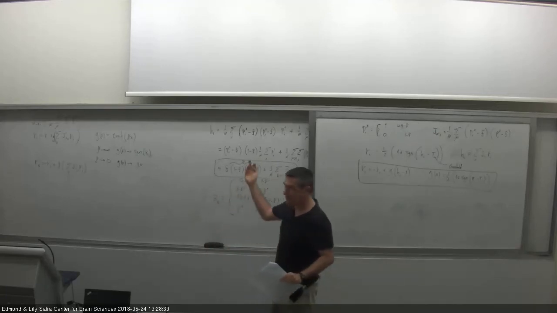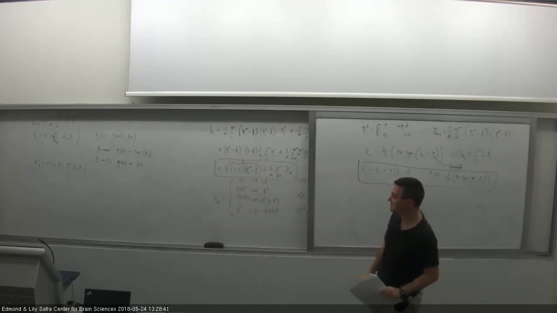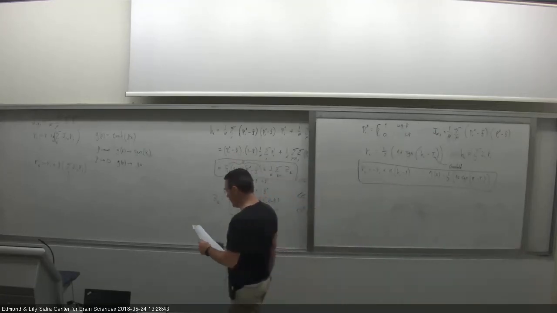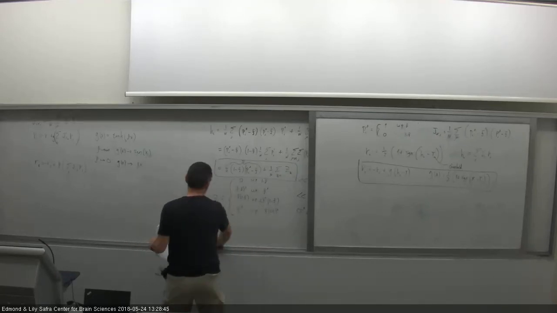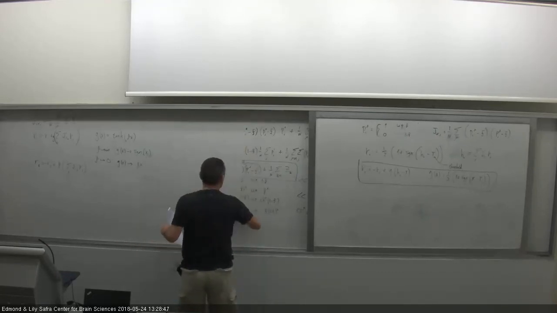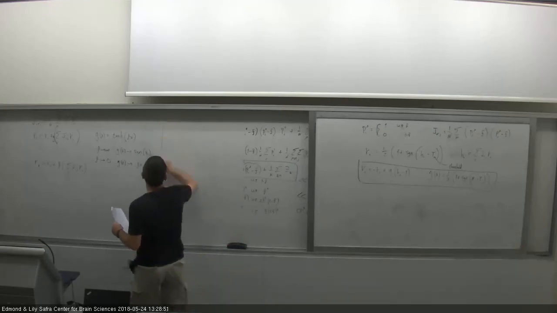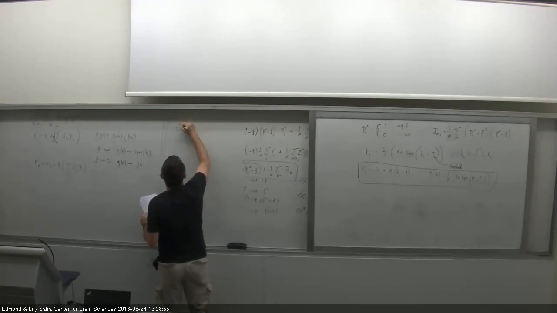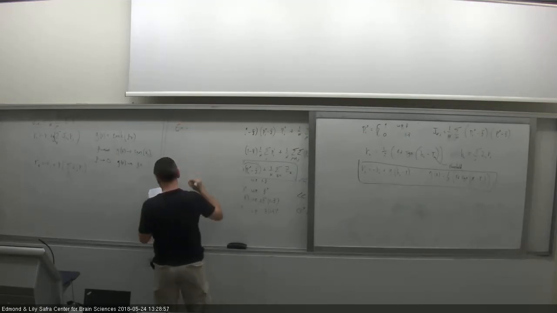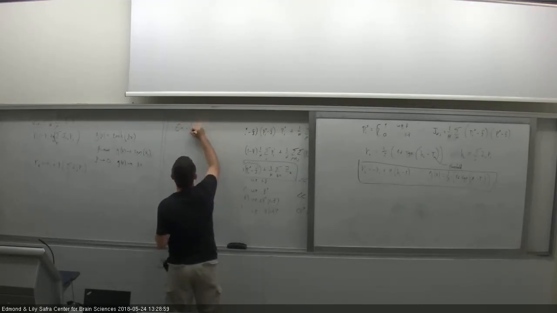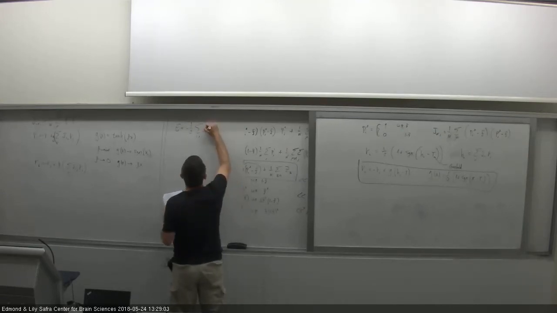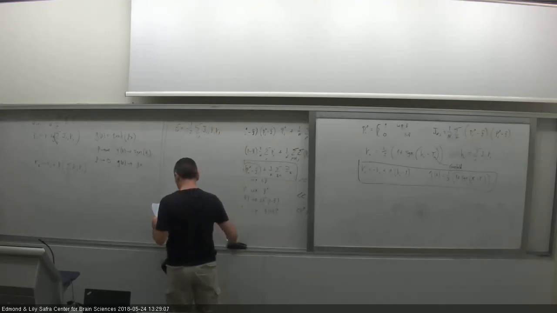You remember that because the connectivity is symmetric, we can use the energy function formulation. If you remember, energy, or Lyapunov function more precisely, was equal to minus half sum over ij of Jij ri rj.